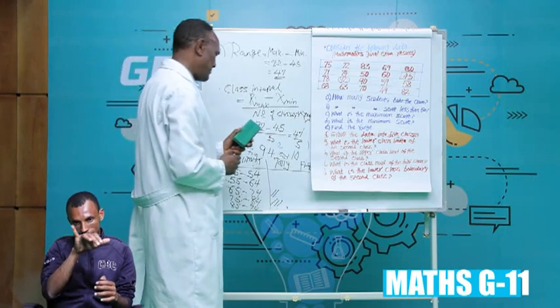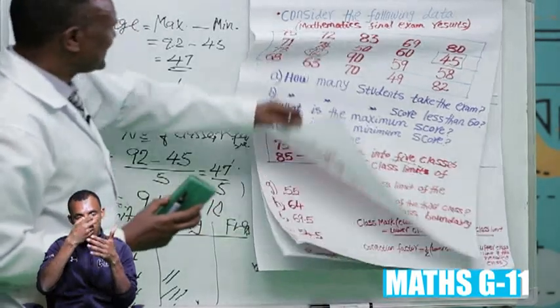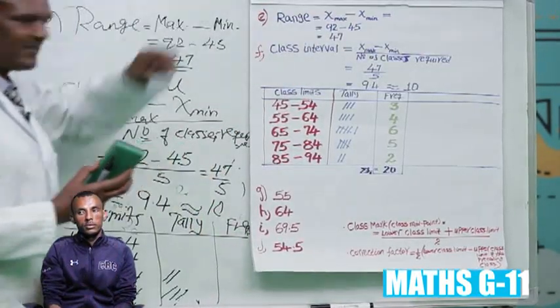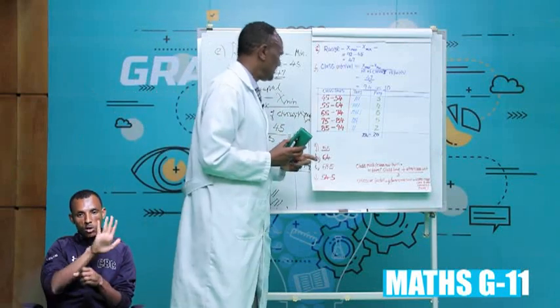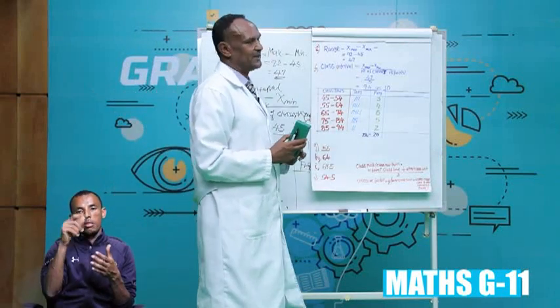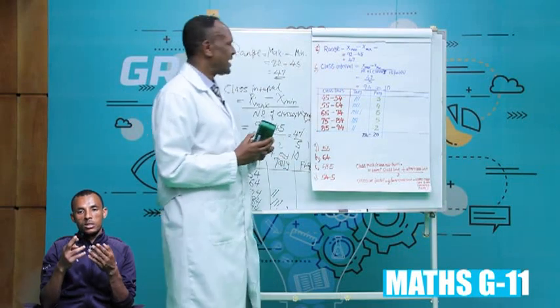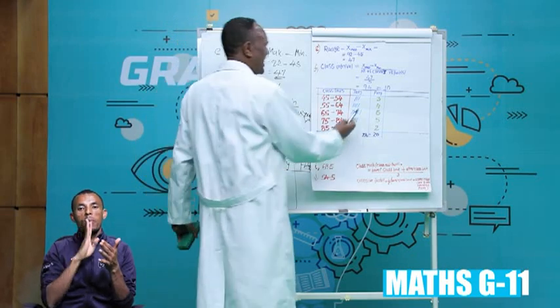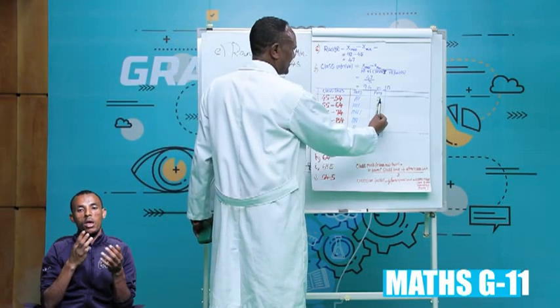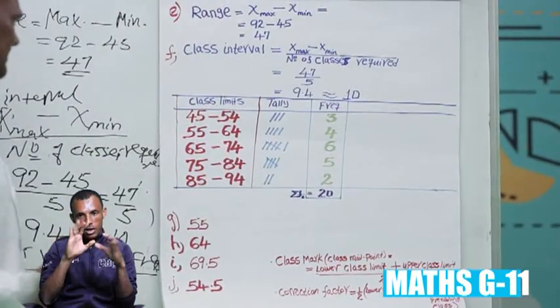The same technique will be applied, and you will get a result as follows. When you complete your data and the tally marks, you will get this. These are the strokes which show where the marks of the students are found. When you count tallies, you have 3. What does it mean? In the first class, there are 3 students.